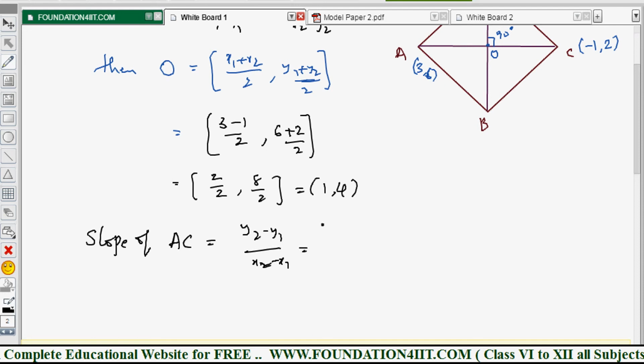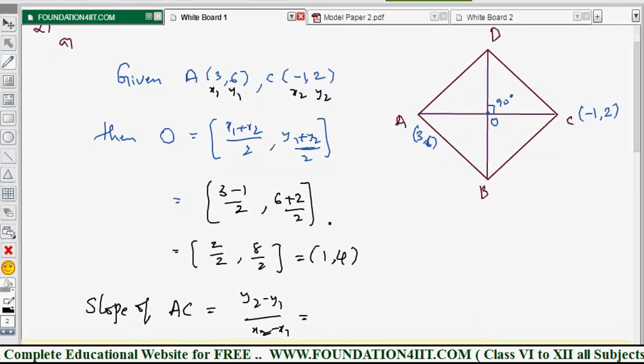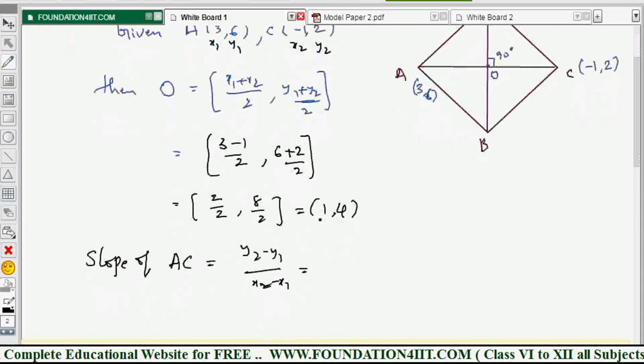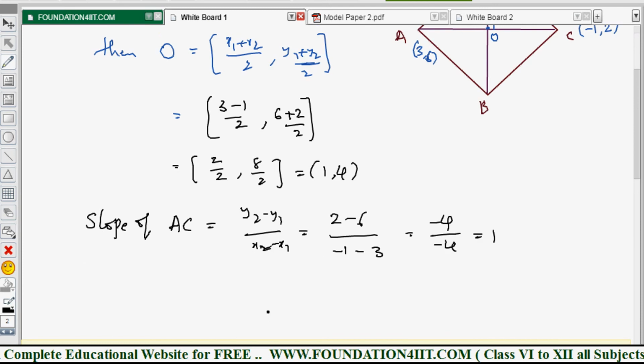Then 2 minus 6 by minus 1 minus 3. 2 minus 6 is minus 4, minus 1 minus 3 is minus 4. That is 1. So the slope of AC is 1.